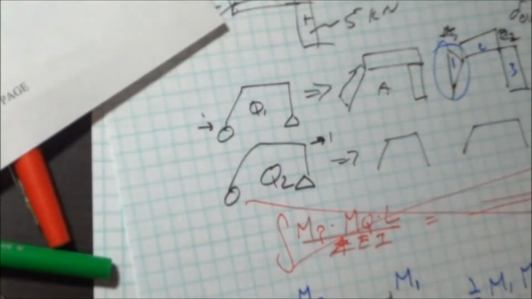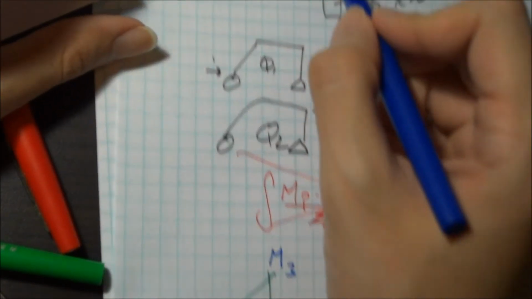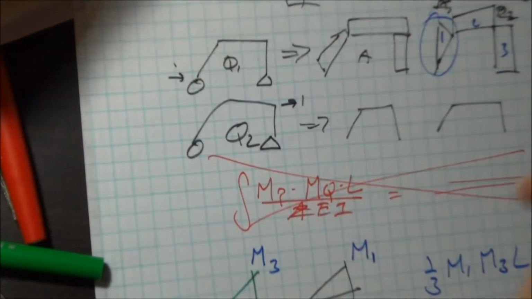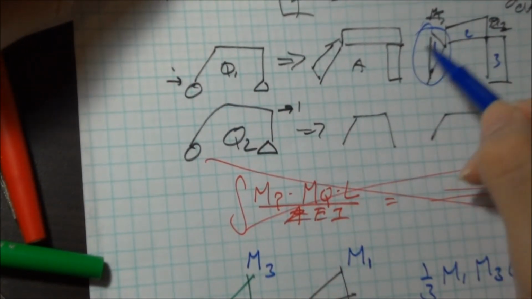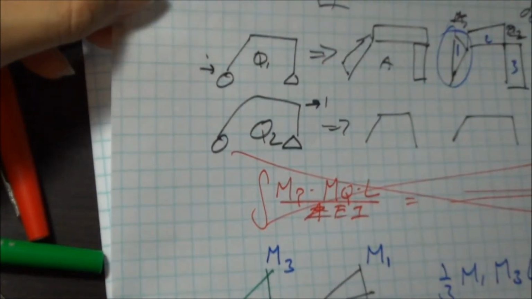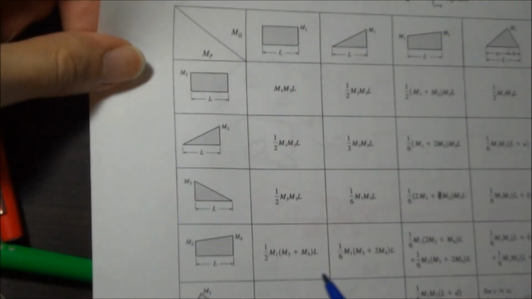For bending, I have the same thing, except I have both axial and moment. For moment, I find the moments in all three members. I refer back to this table now to find the actual formula that I need to use. And then I plug those values in.